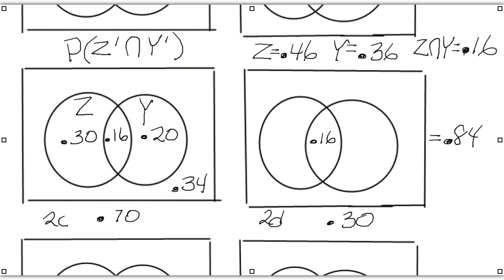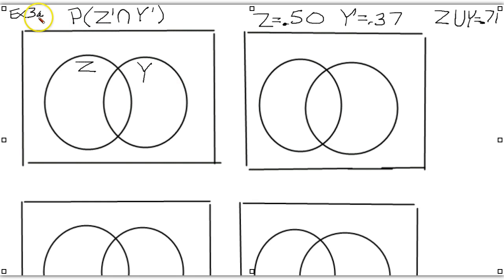Now in example 3, the parameters are Z is 0.50, Y is 0.37. Now they're not giving us the intersection here. They're giving us the union. And if we add these two together, we get 0.87, not 0.71.